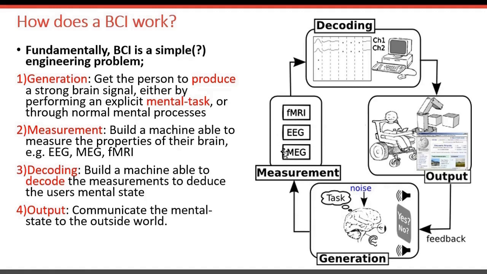There are different technologies that we can use for measuring brain activities: fMRI, functional magnetic resonance imaging, EEG, electroencephalography, or MEG, magnetoencephalography. There are some other imaging modalities that we can use to record brain activities, but these are just 3 commonly used examples. Once we have the measurement, which provides us data, the next part of the BCI system is decoding.